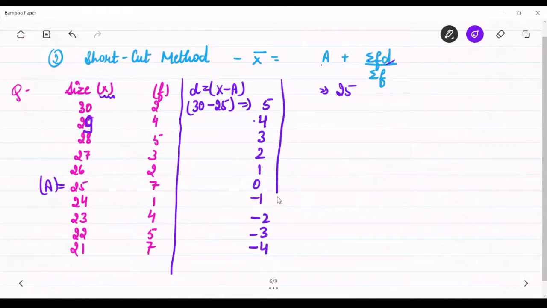Now we need to calculate fd, in order to find summation of fd. Fd means we need to multiply the frequencies with the deviations, 2 into 5, and so on.